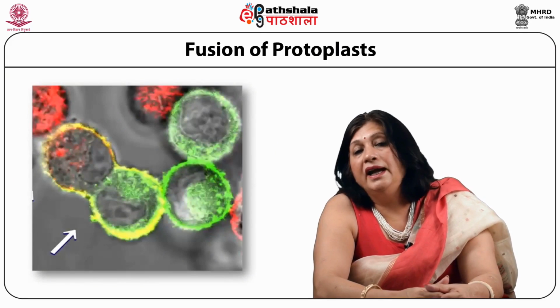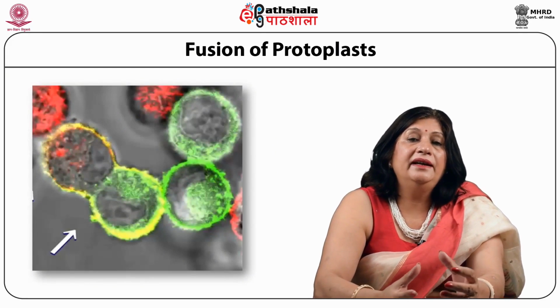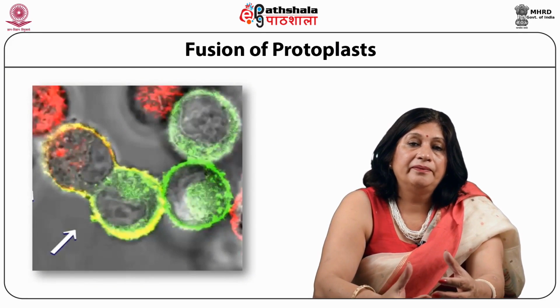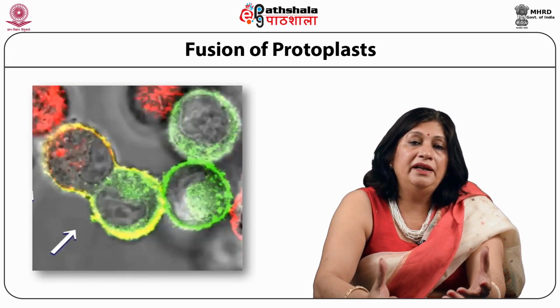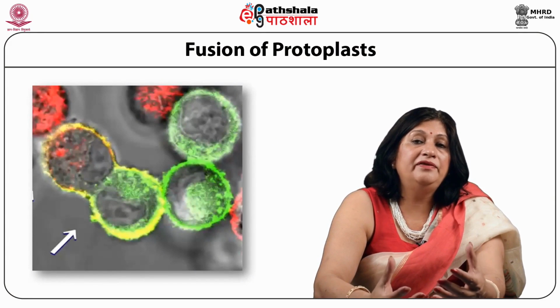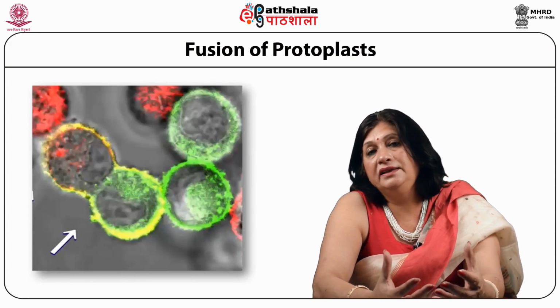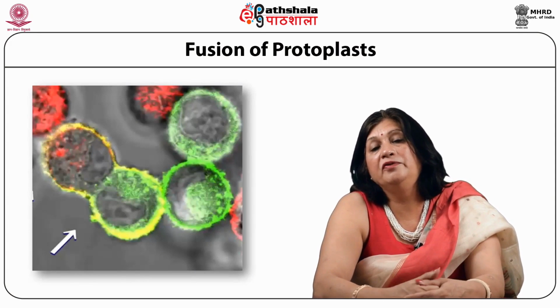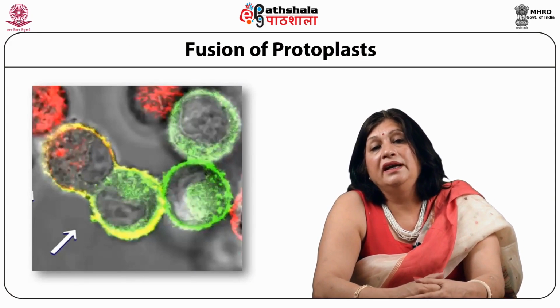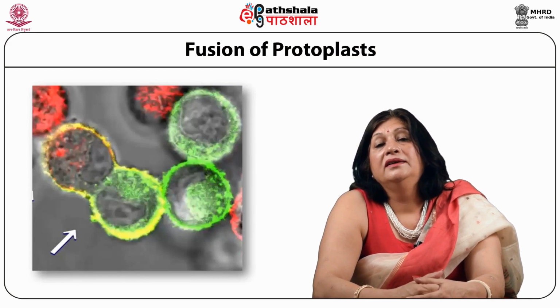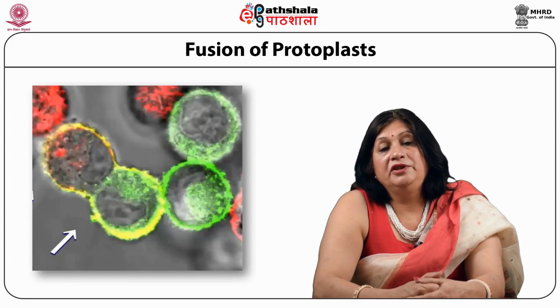Protoplasts have a tendency to aggregate and fuse with each other. So even if you don't do anything and you isolate protoplasts and leave them, there is a tendency that they will form colonies and fuse with each other. There can be 2, there can be 3 protoplasts fusing together.